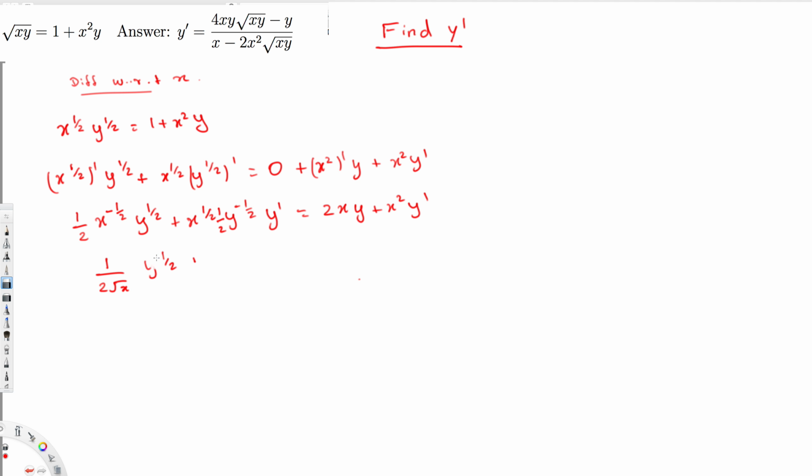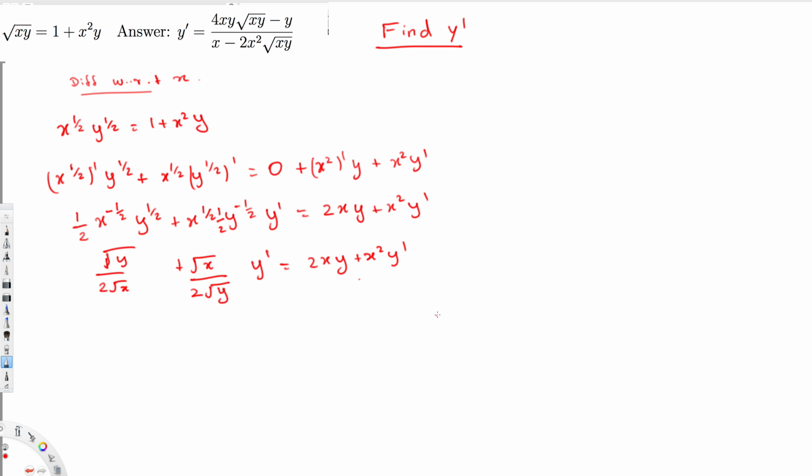Instead of y to the power half, I can write square root of y, plus square root of x over 2 square root of y, and y prime right here. Here it's going to be 2xy, the same thing, plus x squared y prime.